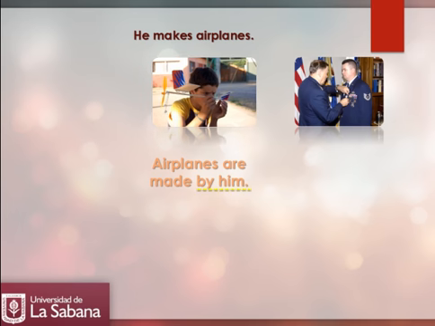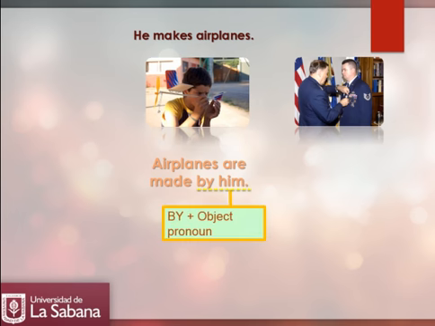Now we only need to add the object, and to show who performs the action, we add by before the object. Now the subject of the active sentence is he, and it becomes by him to show that this is not the subject but the object of the sentence. And as a result we have airplanes are made by him.